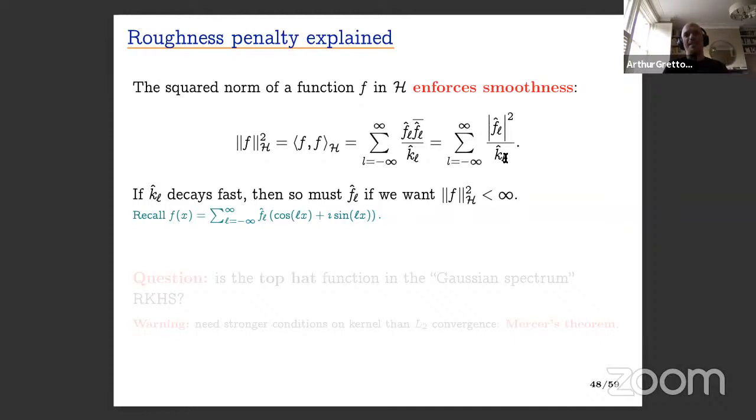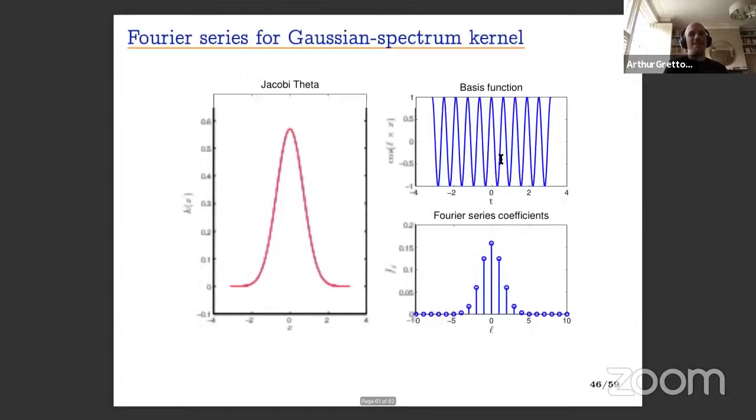So if I just had the standard norm, this denominator wouldn't be there. But I've added this K hat L to my denominator. And the effect of the K hat L is that it makes the norm of f a roughness penalized norm. All right, so remember what our K hat L looked like for this Gaussian-like kernel. The K hat Ls, which are on the bottom right figure here, decay like a Gaussian.